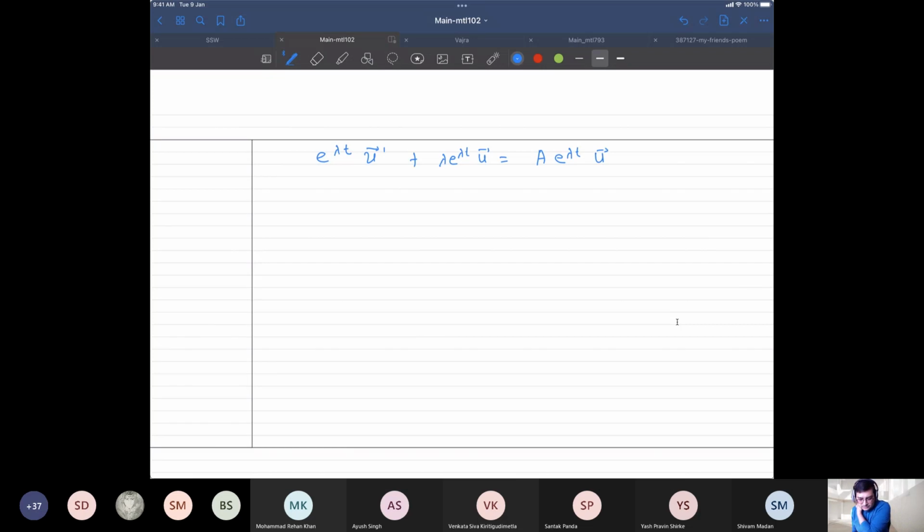Okay, so now exponential is on both sides, so I can get rid of the exponential also. So what we get is A u minus lambda u, I took this one to the other side, is equal to v1. So I get (A minus lambda I) u is equal to v1.